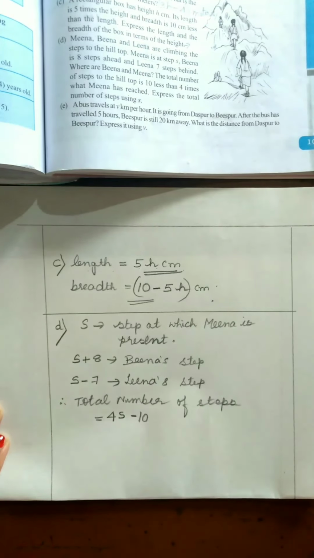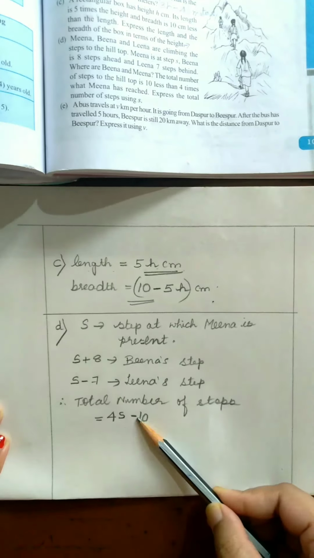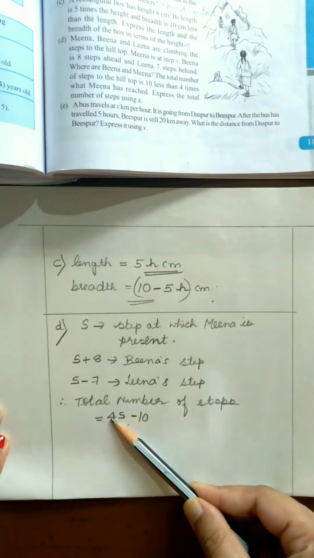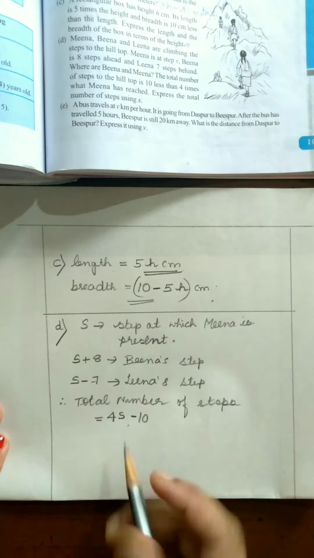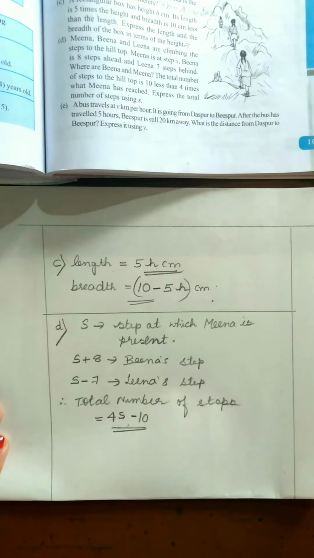Therefore, children, the total number of steps to the hilltop is 10 lesser than 4 times what Meena has reached. Therefore, the total number of steps using s will be equal to 4s minus 10, where 4s is 4 times what Meena has reached.